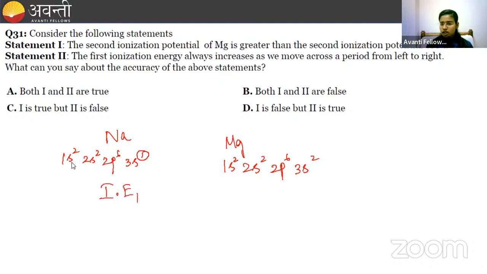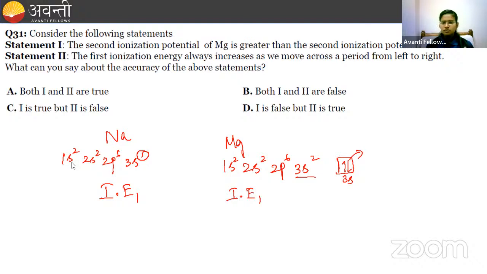In the 3s orbital of magnesium we have 2 electrons, and the energy required to remove the last electron of magnesium is called the ionization energy 1 for that magnesium atom.